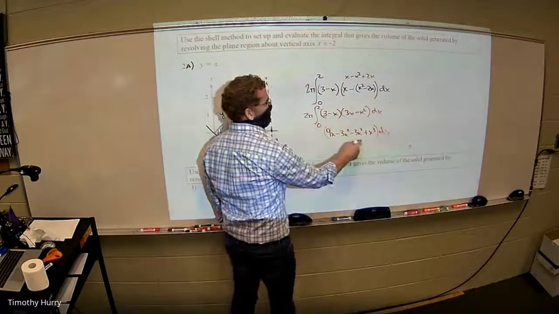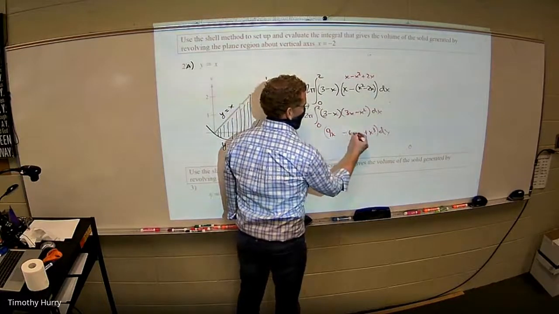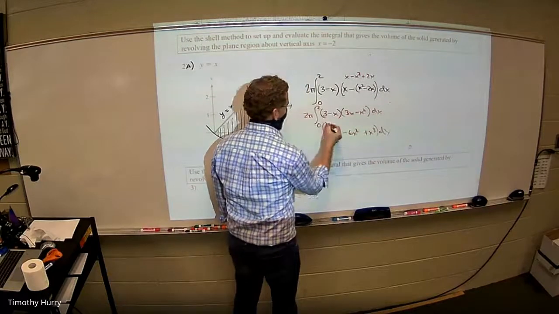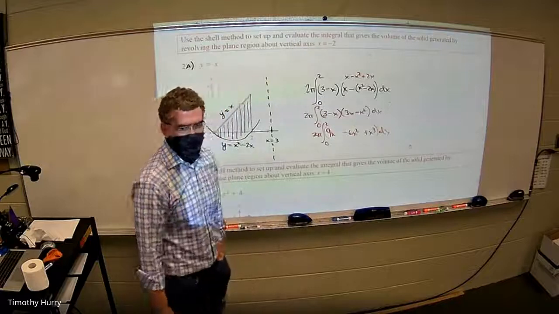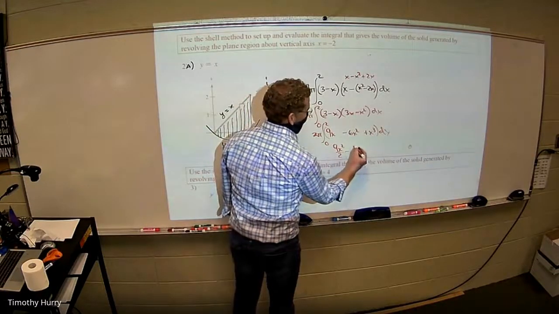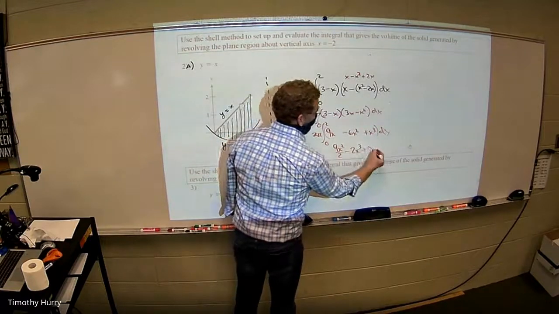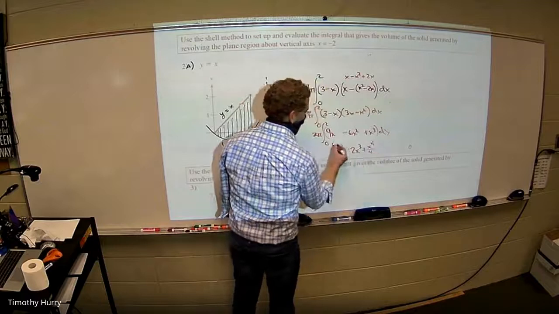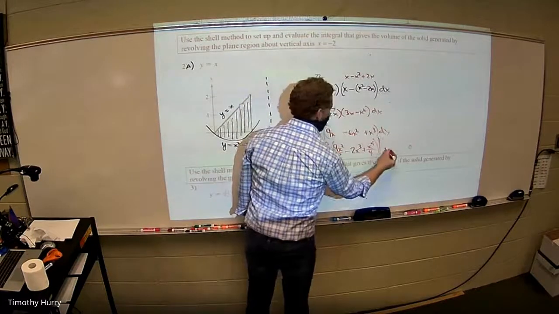And those two negative 3x squareds become a negative 6x squared. And that shouldn't be that hard to integrate. So I get 9x squared over 2 minus 6x cubed over 3, which is 2x cubed, plus x to the 4th over 4. All of that times a 2 pi from 0 to 2.